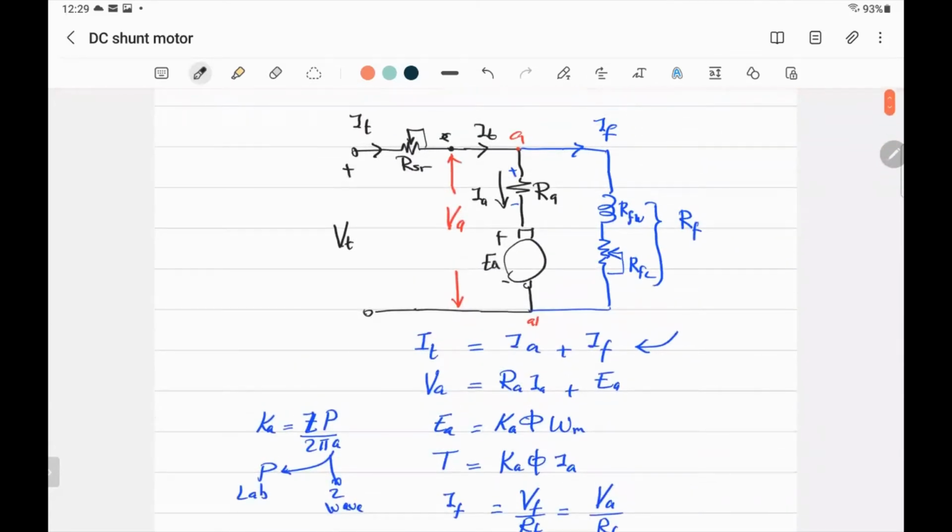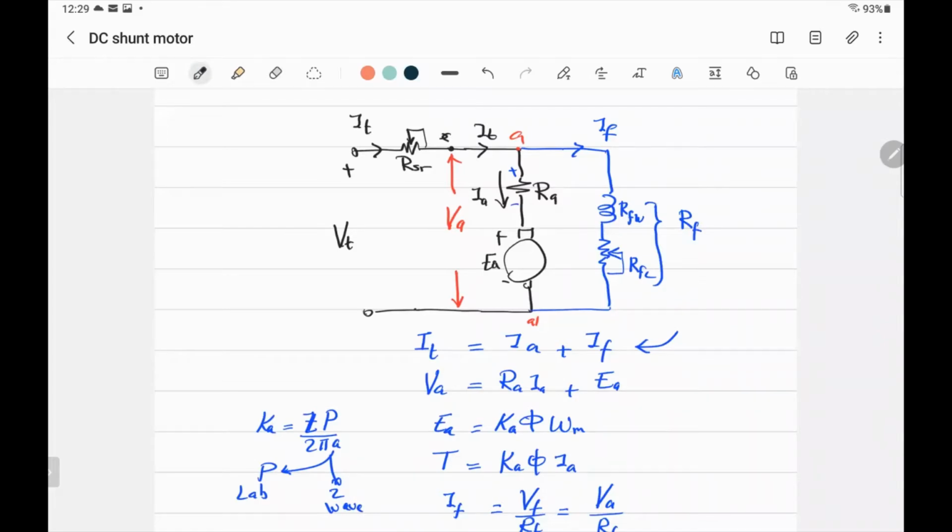Now if we subtract the loss in the field, what is the loss in the field? That's the field, right? So the field means RF and IF. So we will have the loss IF squared times RF. That's the loss in the field. If we subtract the field power from the total power, what's left?